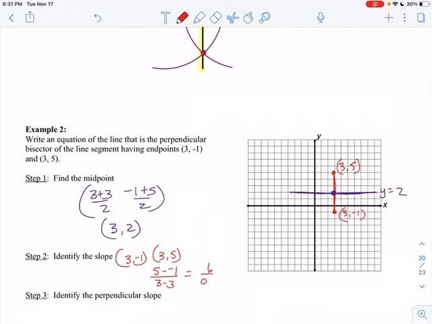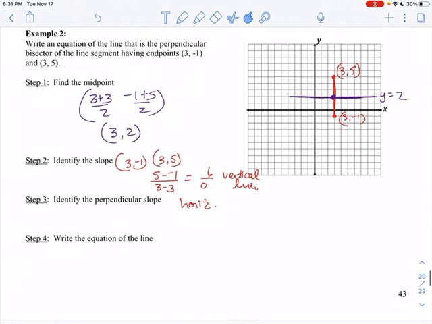Now the reason that this is different is because this is a vertical line. It actually has no slope, so a perpendicular line would be a horizontal line. But normally you're going to find the slope and then you're going to do the negative reciprocal of it. This is unusual because it's a vertical and a horizontal line, and we already know the answer. The answer is y equals 2.